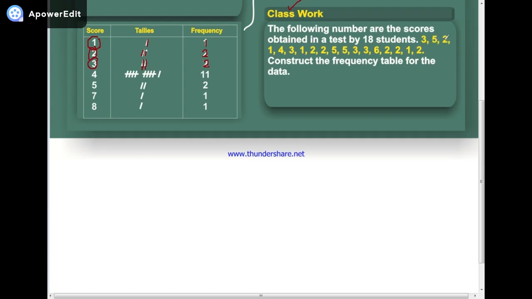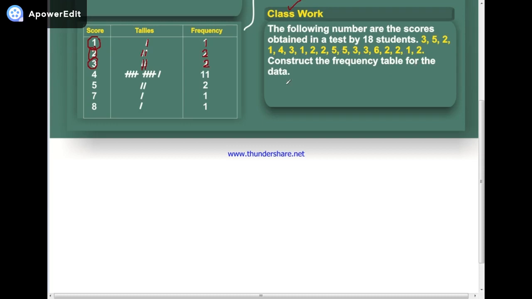That is 1, 2, 3, 4, 5, 6, 7, 8, 9, 10, 11, 12, 13, 14, 15, 16, 17, 18. So we are going to use the data to construct the frequency table for the above data.